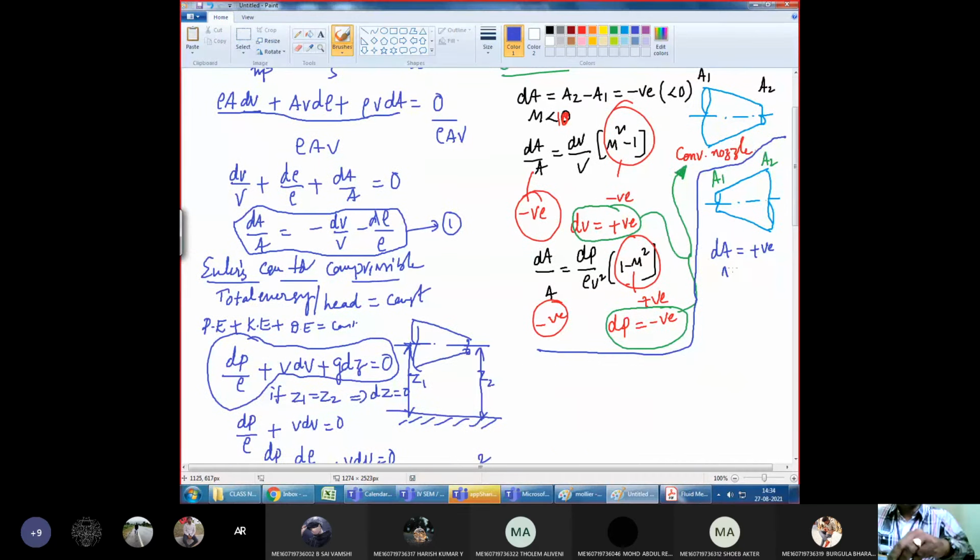For subsonic flow, Mach number is less than 1. Now we write dA by A is equal to dV by V into M square minus 1. Here dA value is positive, and when M is less than 1, this value will be negative. Therefore, dV by V is negative. Agree?